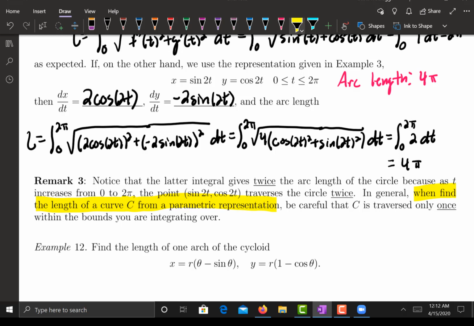What I mean by that is, make sure that the curve that you're working with makes sense for what you're doing for the arc length. If I'm moving around the curve more than once, I might miscalculate the arc length.